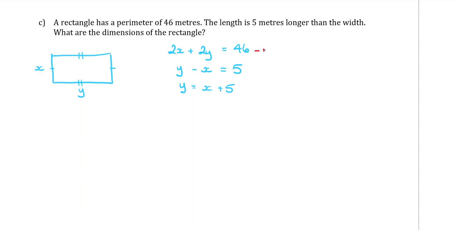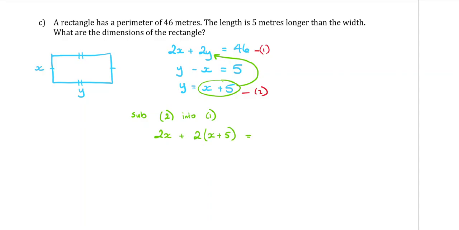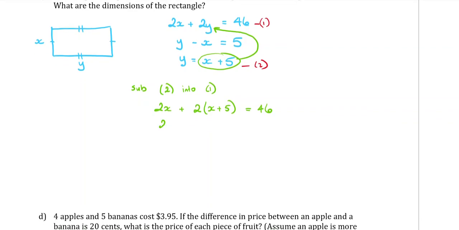Then I'm going to call this one equation 1 and this one equation 2, and I'm going to take the x plus 5 here and replace it or sub it in to the y. So I'm subbing equation 2 into equation 1, and that gives 2x plus 2 times (x plus 5) equals 46. Let's expand.